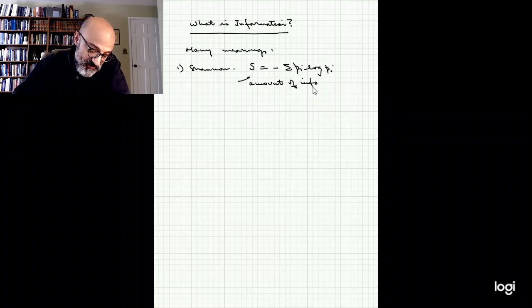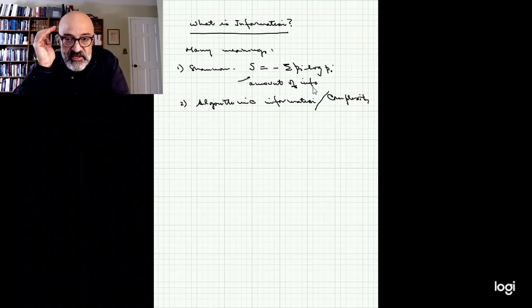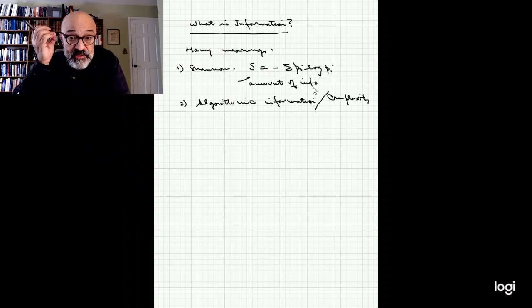There is another form of information that's associated to the notion of complexity that we're not going to discuss: algorithmic information. This is associated to the names of people like Kolmogorov and Chaitin, and it's very much a concept of information favored by people in computer science.